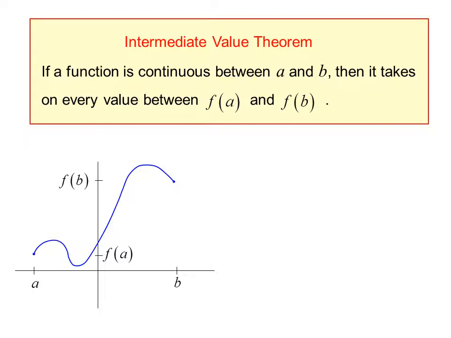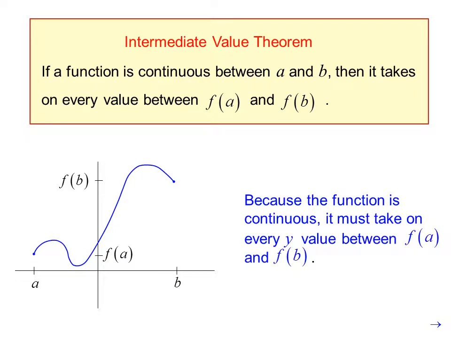In this illustration, x goes from a to b, and y goes from f of a to f of b. Since we know the function's continuous, there are no breaks. It must take on every y value between f of a and f of b.